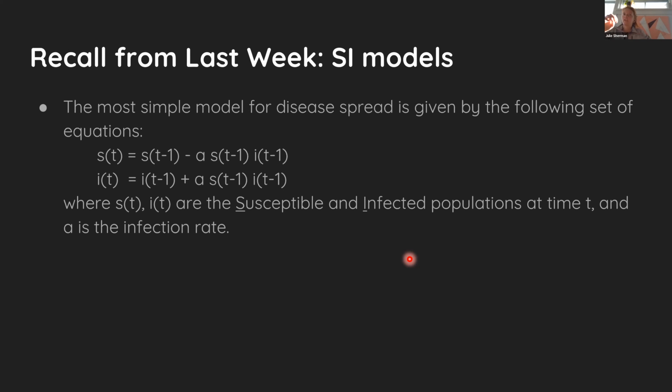And the way that we had written this was the susceptible at time t equals the susceptible at the time before plus a constant times this interaction. And we can tell that this is a difference equation because we have t and t minus 1. So we're looking at the change from a previous time step until the next one. And similarly for I.